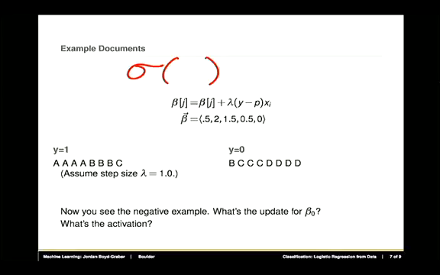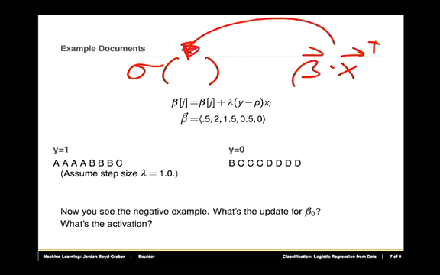We want to compute the dot product of beta times x. So let's compute this dot product.